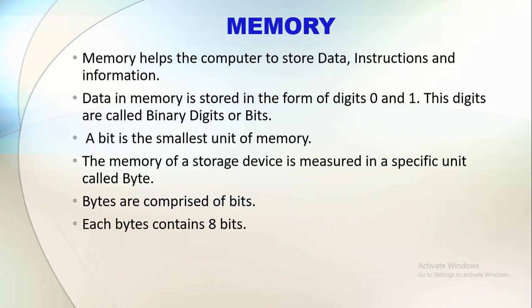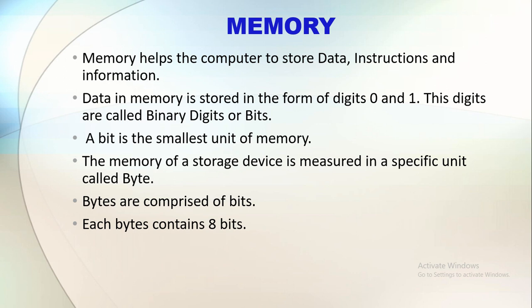Now, here we come to memory. Memory helps the computer to store data, information and instruction. Data in the memory is stored in the form of 0 and 1. This is the language of a computer. It is called a binary digit. A computer doesn't understand anything apart from 0 and 1. These digits are called binary digits, or in short form also called bits.